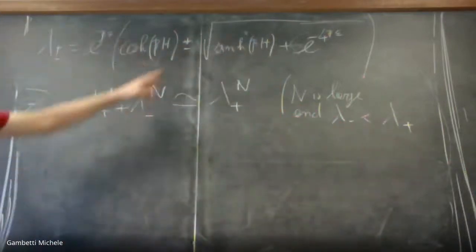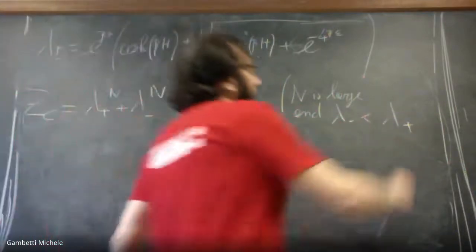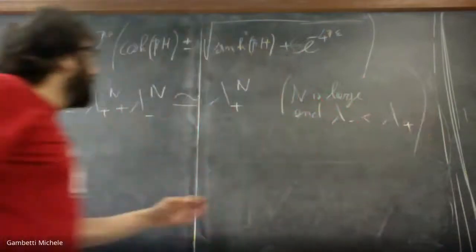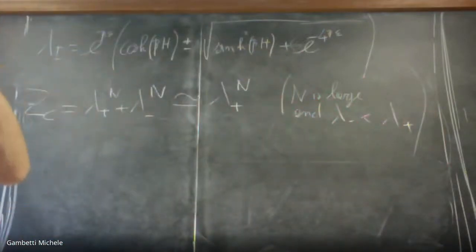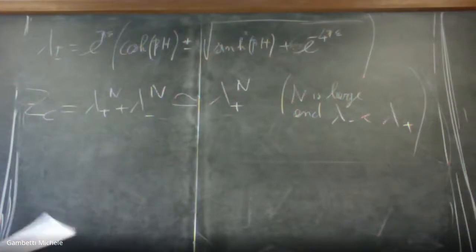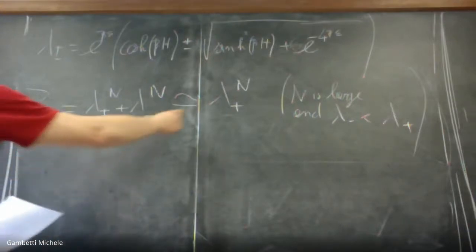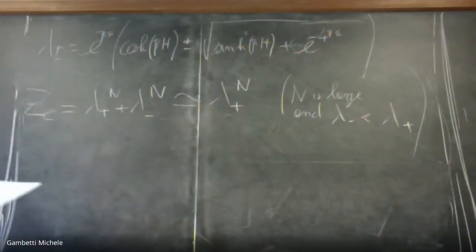I can neglect the contribution from the smallest of the two eigenvalues because they are to the power of n, and therefore the canonical partition function is just lambda plus to the power of n.